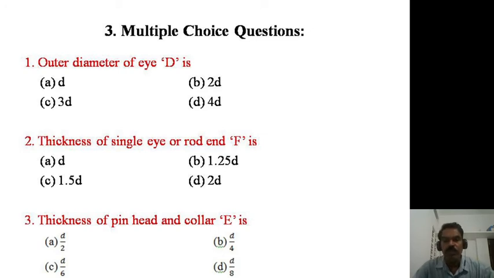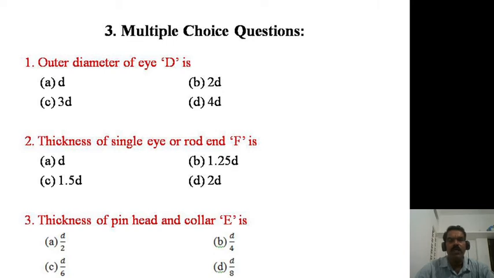Now I am going to discuss the multiple choice questions, MCQs. So what is the first question here? The outer diameter of the eye, that is capital D, is dash. There are 4 options. A option is d, second option 2d, third option 3d, and fourth option is 4d.